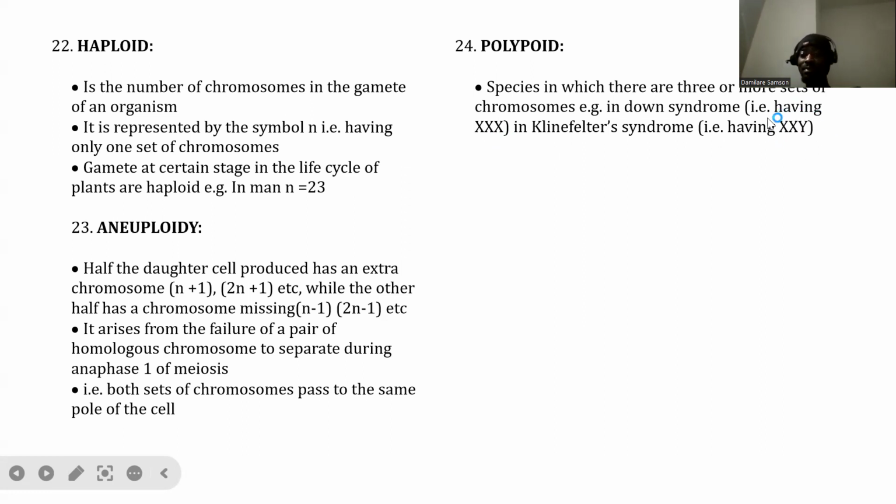This person is a male, but will have more female character than male character, because the person already has XX, a complete female chromosome set, and another male chromosome, Y. We'll still talk more about that, but just take note of those terms. Polyploid: when a species has 3 or more sets of chromosomes. Take note of that. Okay, so we go to 25.